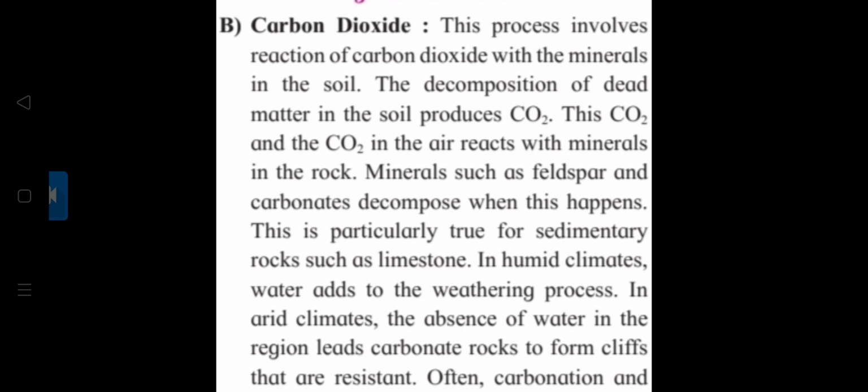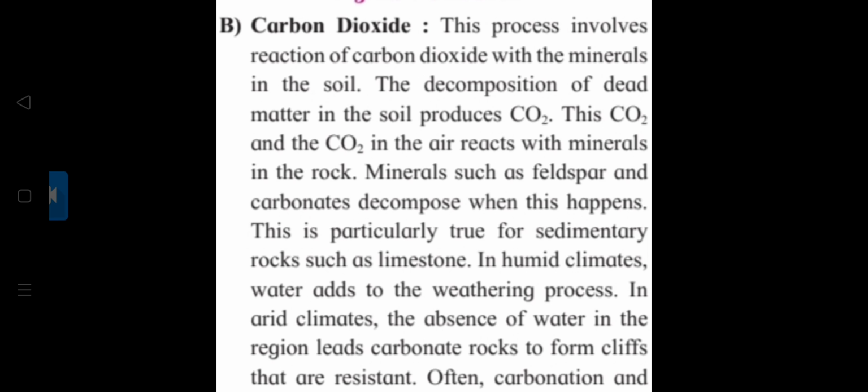Minerals such as feldspar and carbonates decompose, rot, when this happens. This is particularly true for sedimentary rocks such as limestone. Sedimentary rocks, as I said, are stratified, layered rocks. Decomposition happens in sedimentary rocks and in particular limestone.